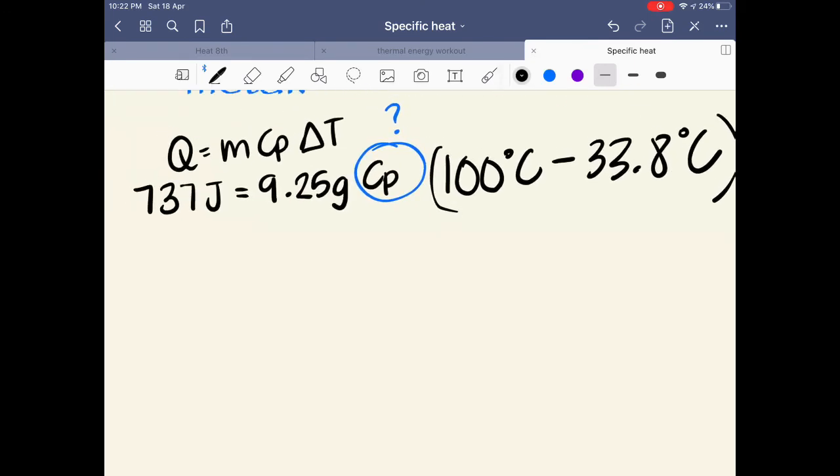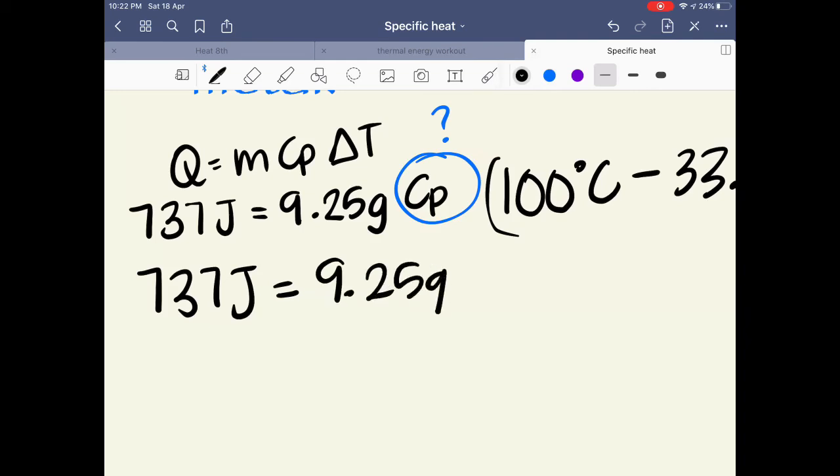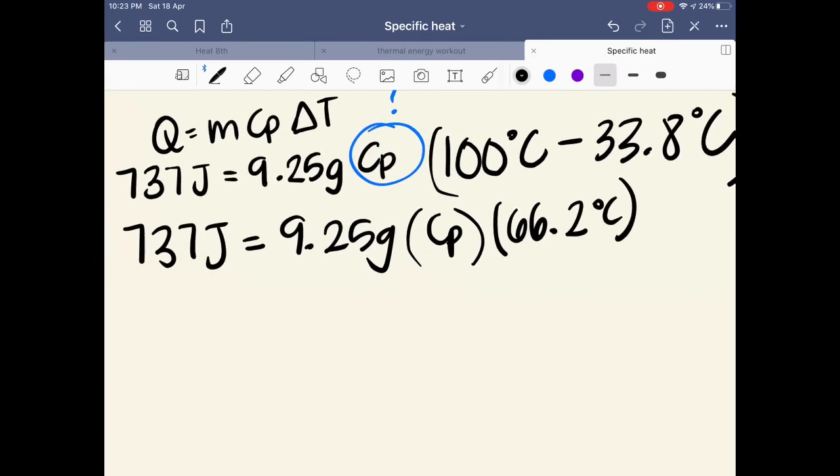Okay? So you have 737 joules equals 9.25 grams times specific heat times 66.2 degrees Celsius.